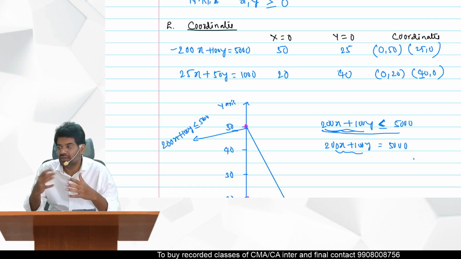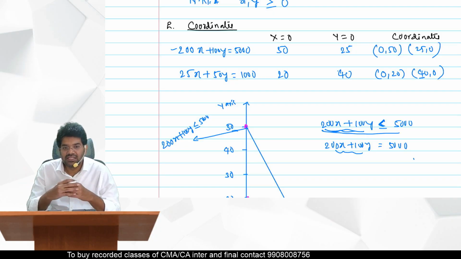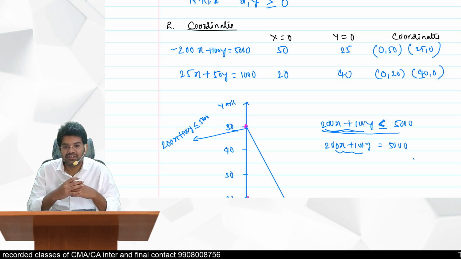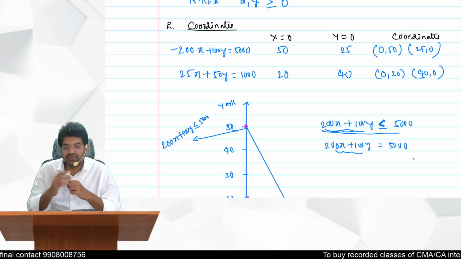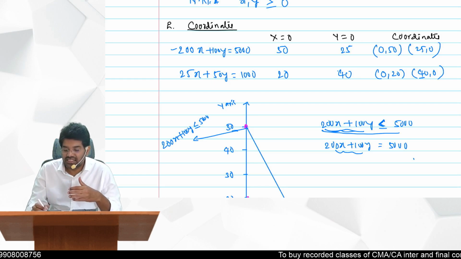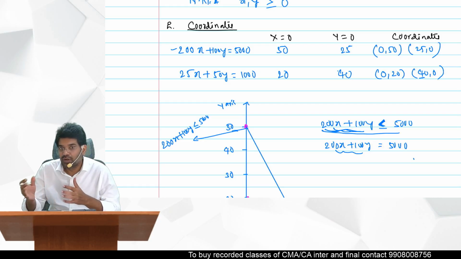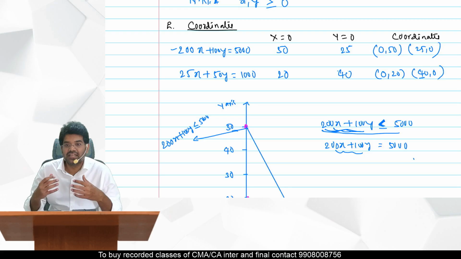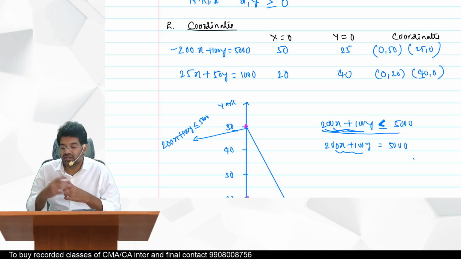So how can it be equal to 5000? If you want to convert into equal to 5000, we should take a variable as an idle variable. Then only you can make it equal to 5000. I hope you are getting my point. Why we should take this slack variable is, this condition is less than, so these two put together must be less than 5000. But if you want to make it equal to 5000, then we are supposed to take an idle resource. Then only can I make this equal to what?